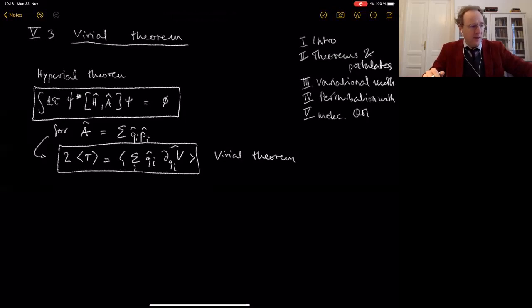Now, under certain conditions, this becomes extremely useful, namely if the function V is a homogeneous function.